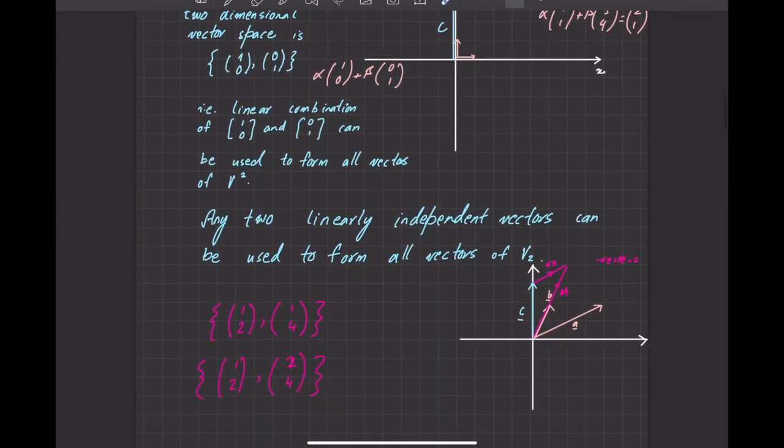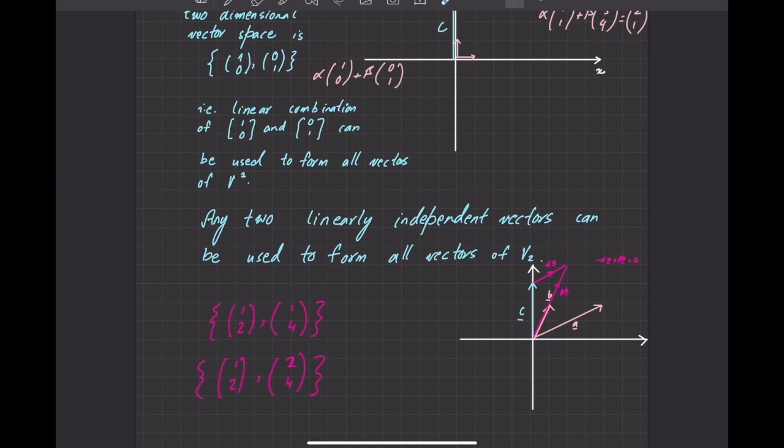Or you could take any two linearly independent vectors in a two-dimensional vector space. Two linearly dependent vectors must be parallel to each other. Here vectors A and B are not parallel to each other, so alpha times A must not equal beta times B, and they are linearly independent vectors.